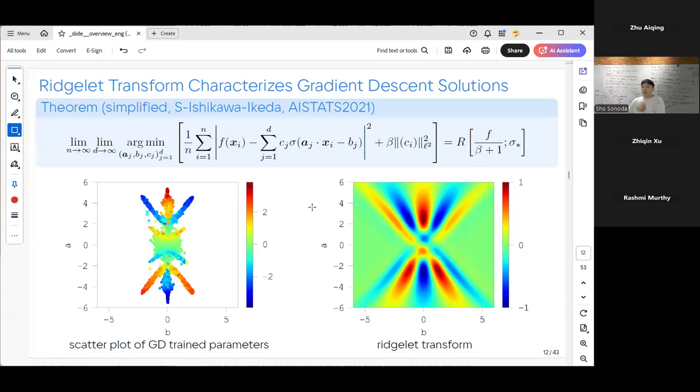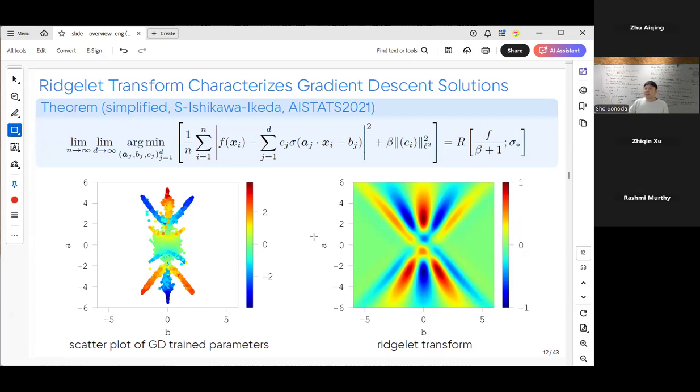And we can mathematically show that this distribution of learned parameters by gradient descent converges to the Ridgelet transform. For example, you can see a red arm in the left panel, right? And those red points accumulate around the red arm in the Ridgelet transform.